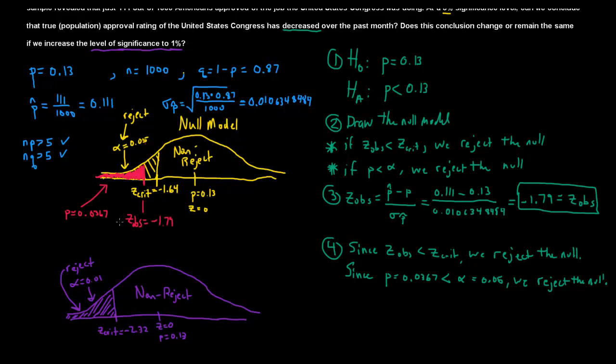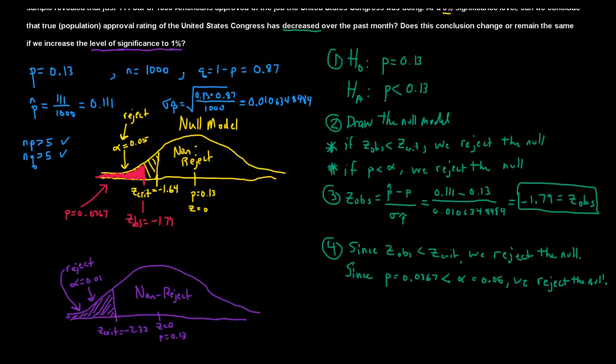Our observed value doesn't change. Nowhere in this formula did we use alpha. There's p hat, there's p, and there's the standard deviation. So our z observed is still the same.